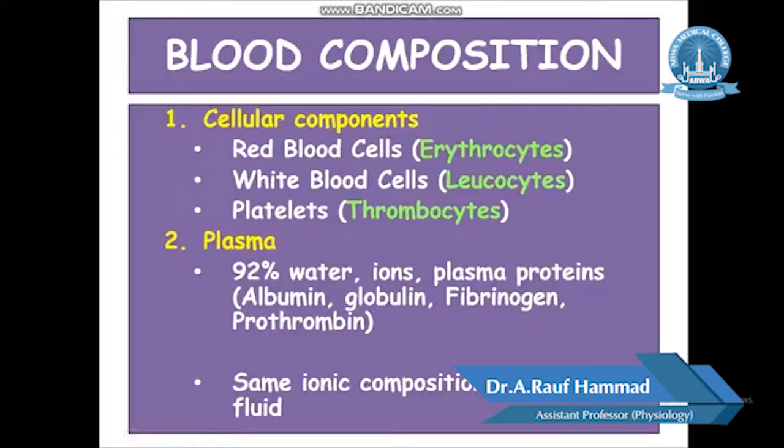Blood composition, very simple. Cellular components, and the other, the liquid component, that is plasma. Cellular components contain red blood cells, also called erythrocytes, white blood cells, also called leukocytes, and platelets, also called thrombocytes.